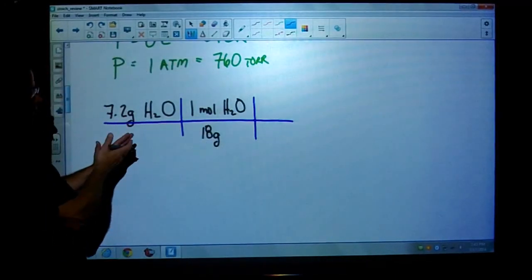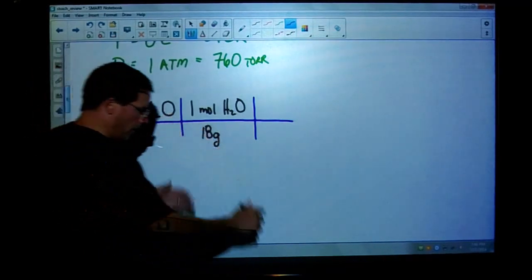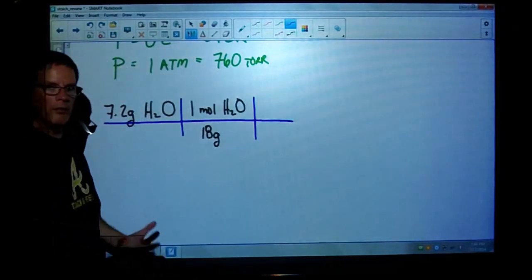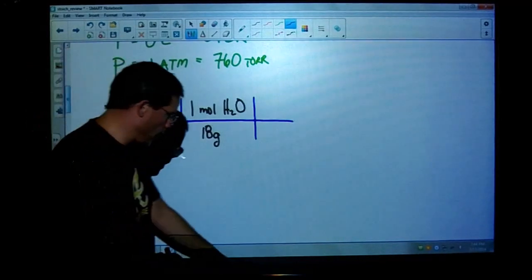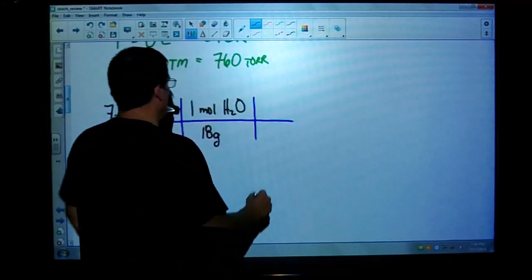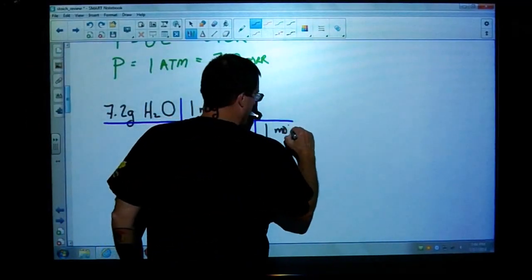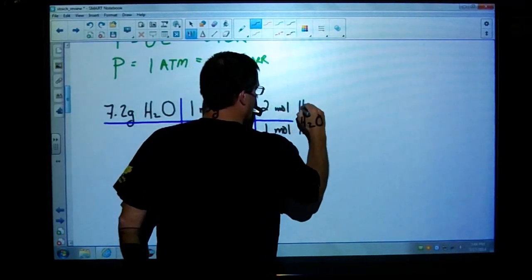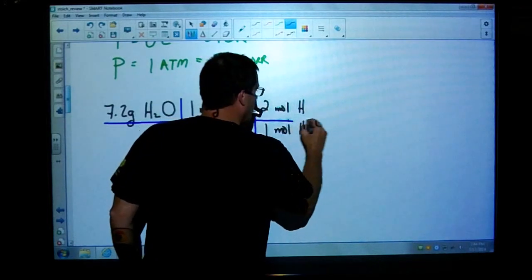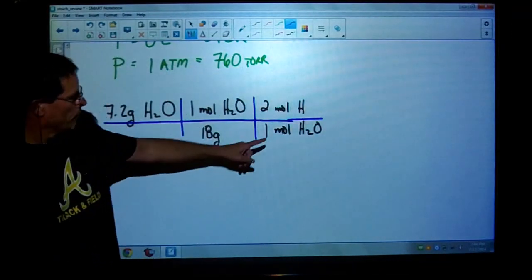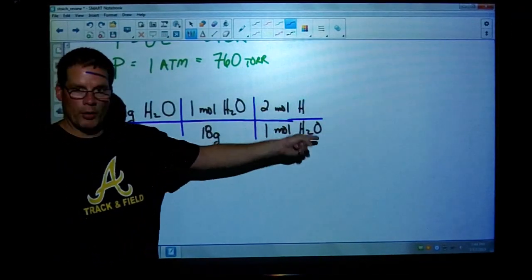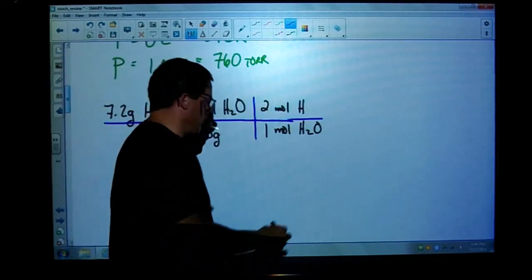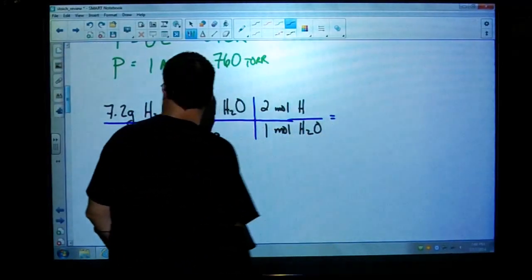If I stop right there, it tells us how many moles of water we have, but let's find out how many moles of hydrogen, since I'm looking for the empirical formula for the hydrocarbon. In 1 mole of water, I have 2 moles of hydrogen. H2O is made up of 2 hydrogens and 1 oxygen. We'll get a value for that in a moment.